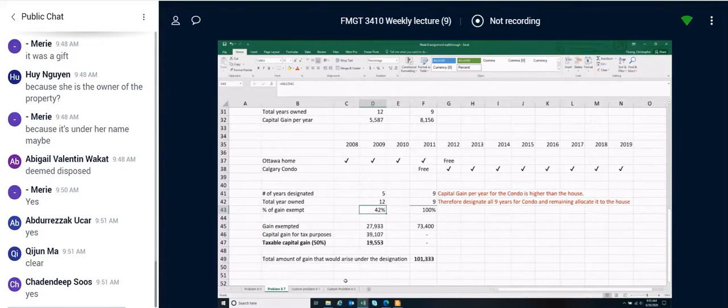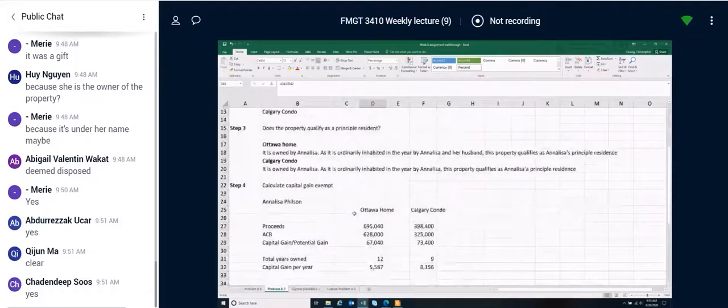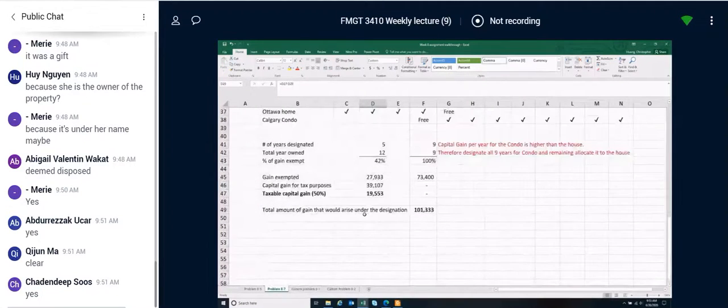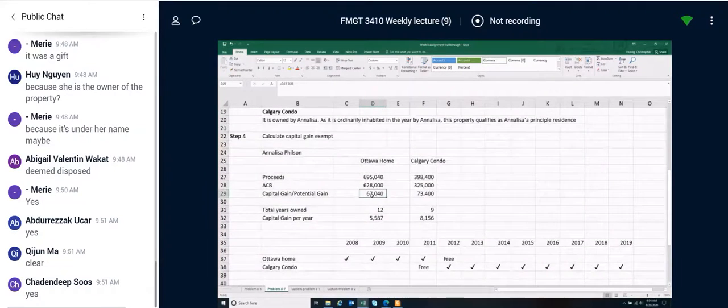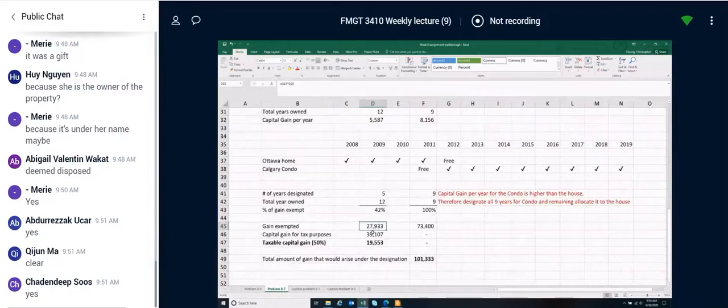Okay, so for tax purposes, you take your 67,000 times 42%. That is the exempt portion. Okay, 27,933. 67,040 less your 27,933 should get you 39,107. 50% of that is 19,553.